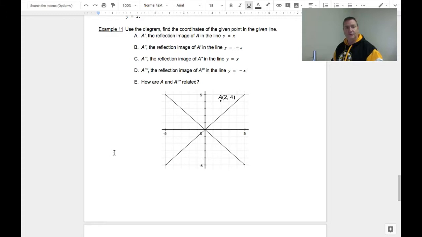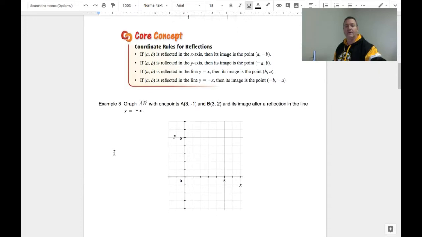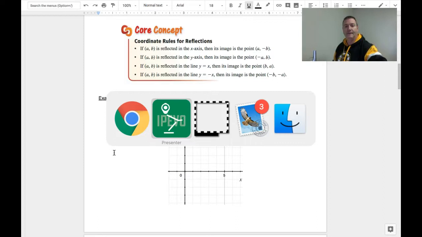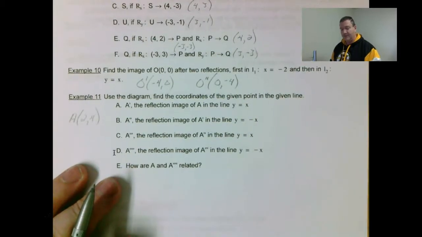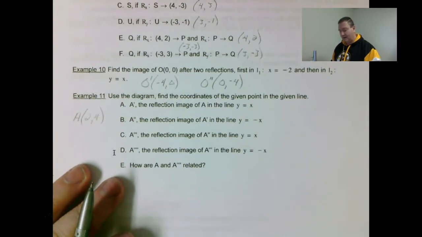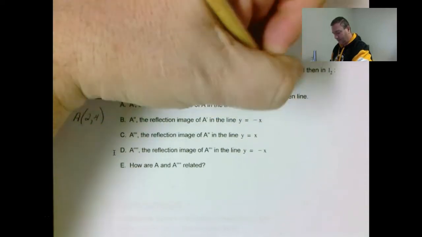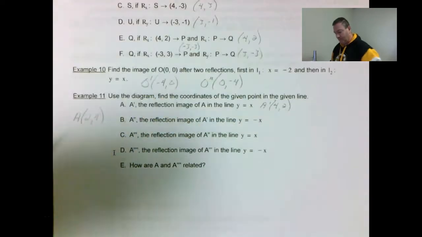And I'm going to use our rules for all these changes. All right, a reflection of the image A in the line y equals x. So A prime becomes 4, 2.